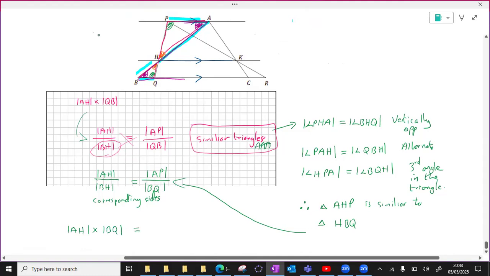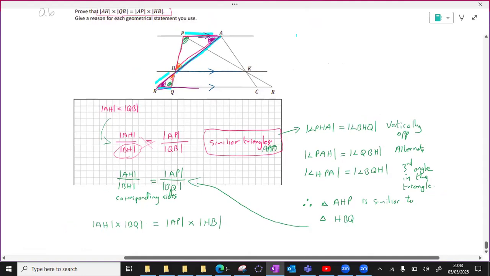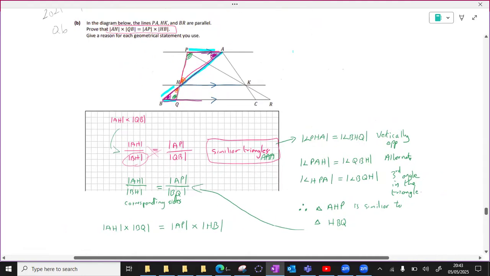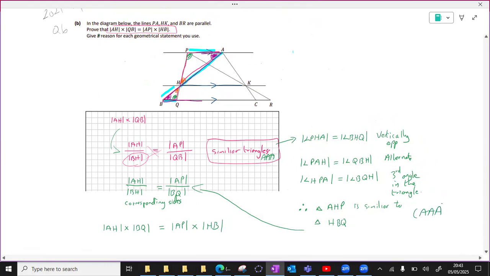And the rest of that then is AP cross multiplied by HB. BH, HB, that all means the same thing. And that's us done because we have said they're similar by AAA. And because they're similar, then we can, of course, pick out corresponding sides.